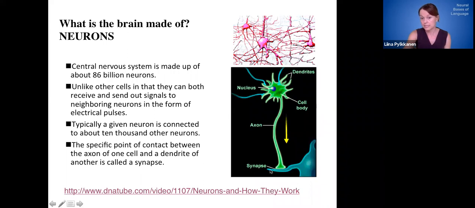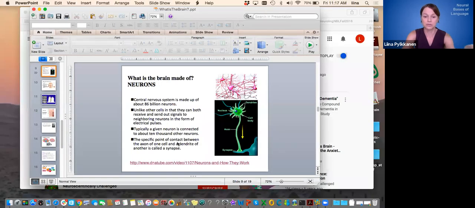This hairy part of the nerve cell that receives the signal from the other neuron is called a dendrite. Here we can see the dendrites of this nerve cell, and the axon makes contact with a dendrite of another neuron.